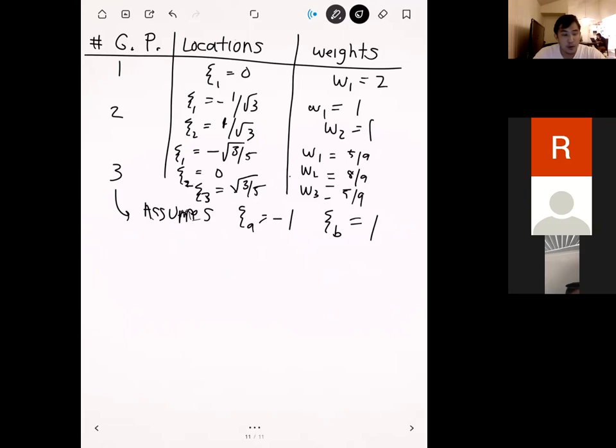So these are the Gauss point locations and weights for all these different cases. I'll tell you right now that the one most often used in practice is 1 Gauss point.